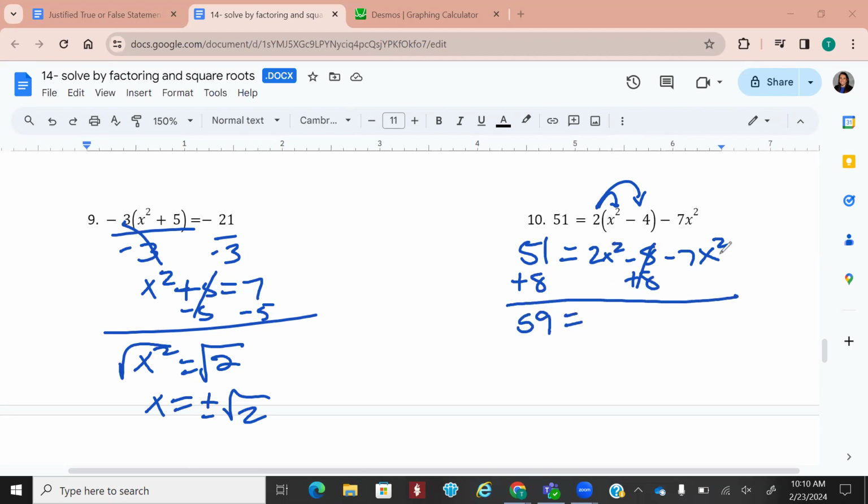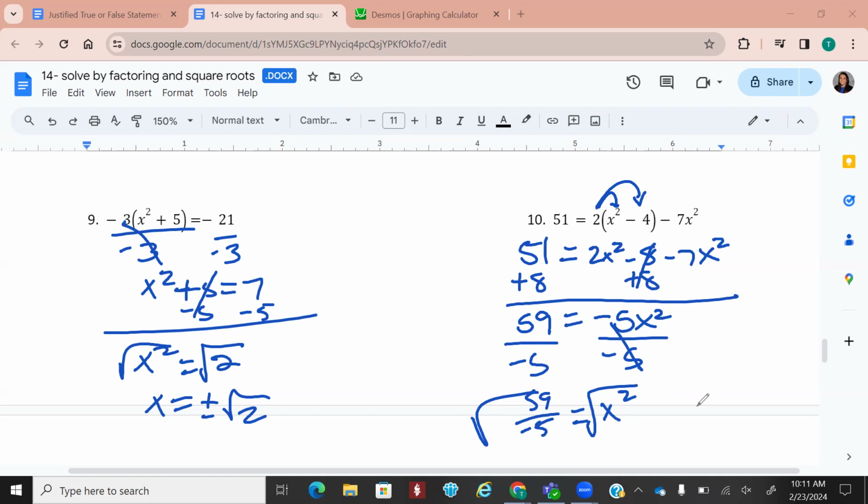We're going to combine 2x squared and negative 7x squared, so that's going to give me negative 5x squared. We divide by negative 5. That's going to give me 59 over negative 5. If we take the square root, we cannot take the square root of a negative number. So we're going to have no real solution.